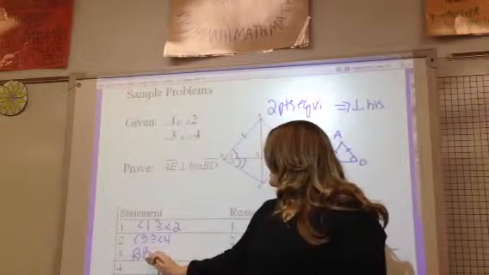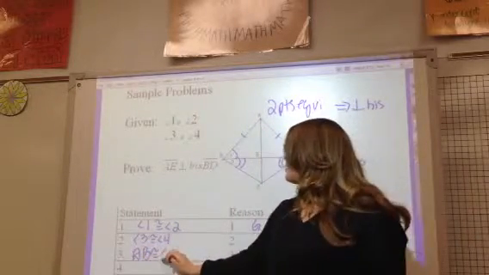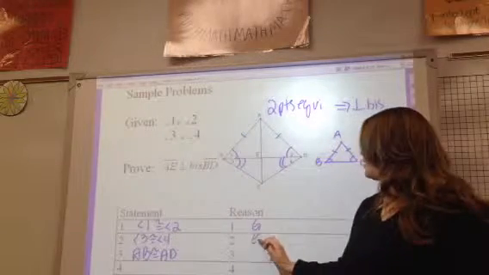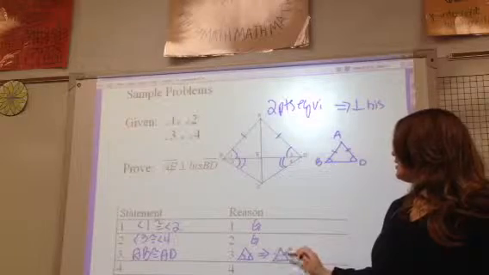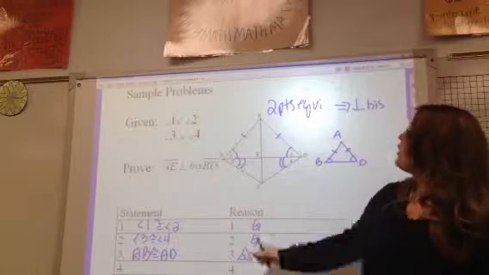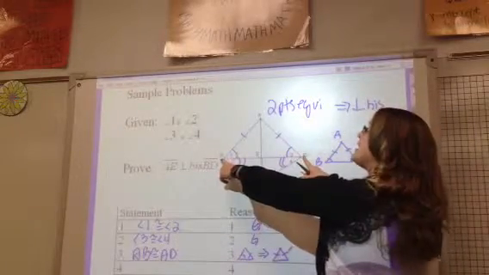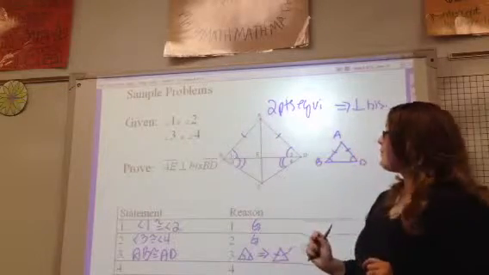So I know AB is congruent to AD. Congruent angles implies congruent sides, which means that B and D are both equidistant.